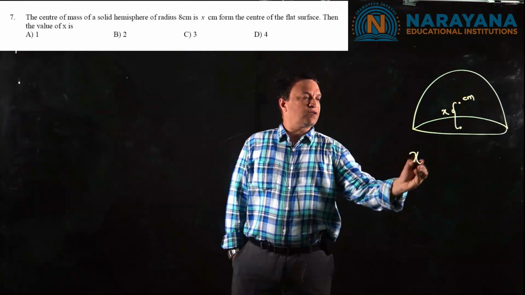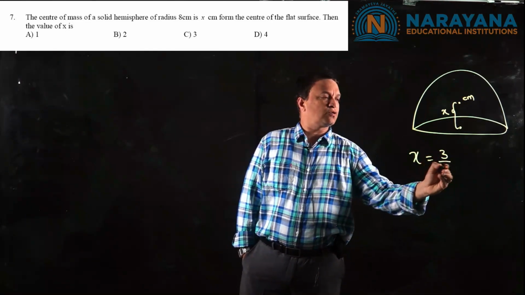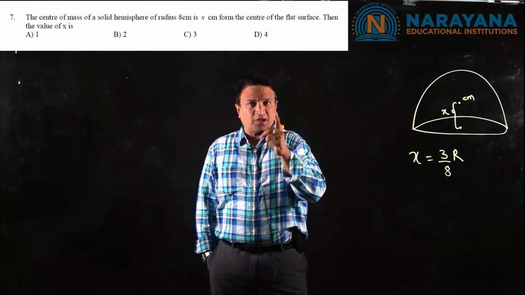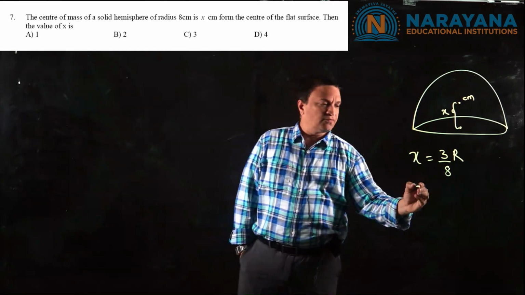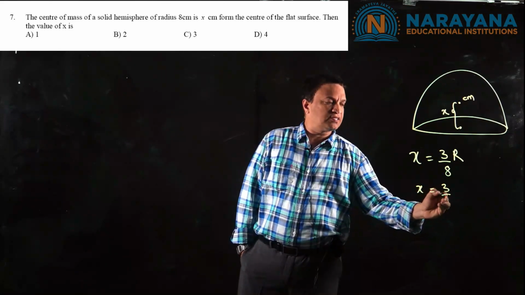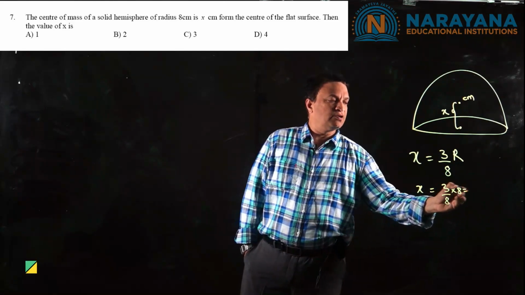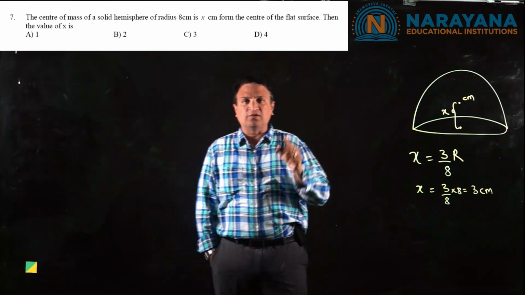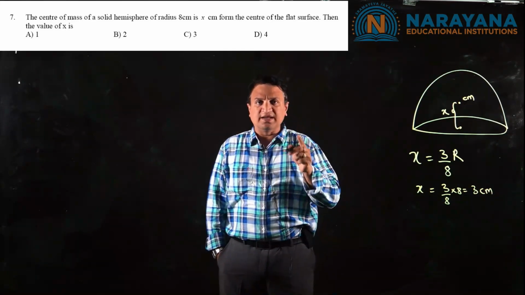The standard formula for this is x equals 3 by 8 R. Don't forget capital R is 8 centimeters. So x is 3 by 8 into 8, which is 3 centimeters. So x equals 3 centimeter is my answer.